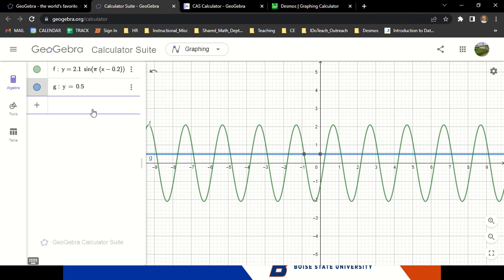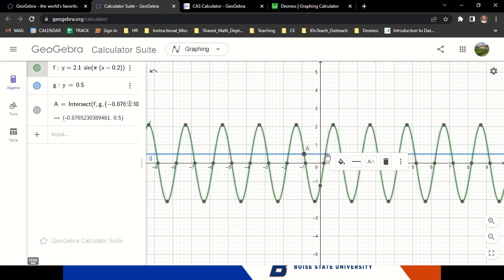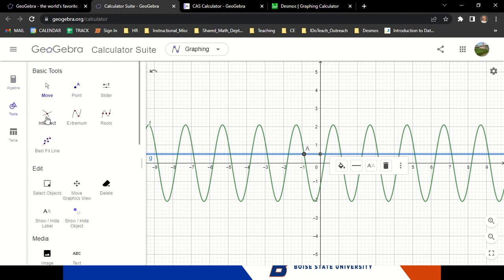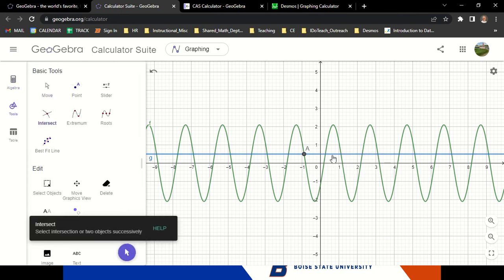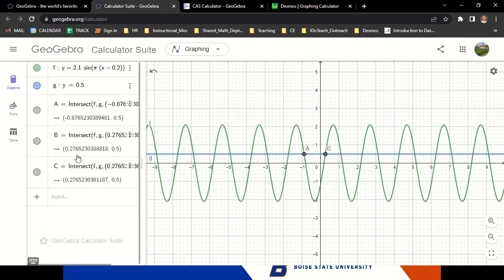So now I can do a command in Geogebra called intersect, F and G, and I can click right there. I'm actually going to use the intersect tool. Geogebra has these visual tools, and you can get those points now.